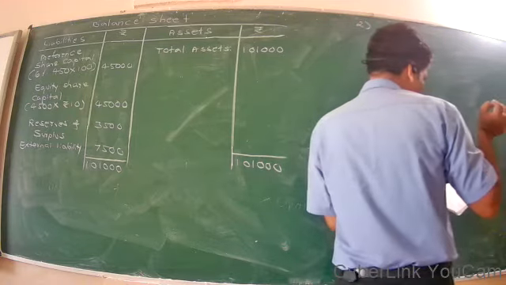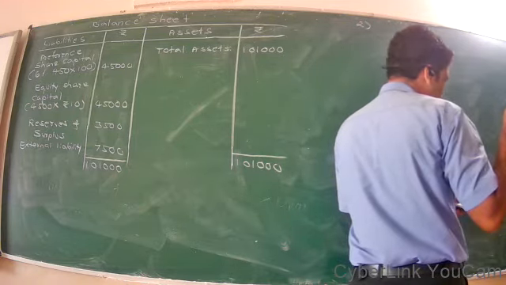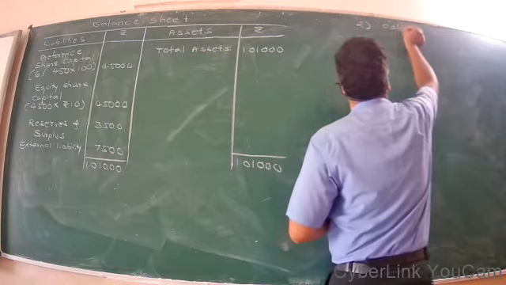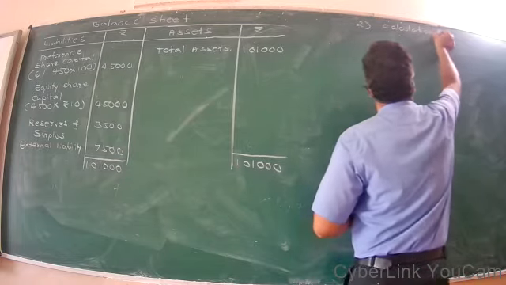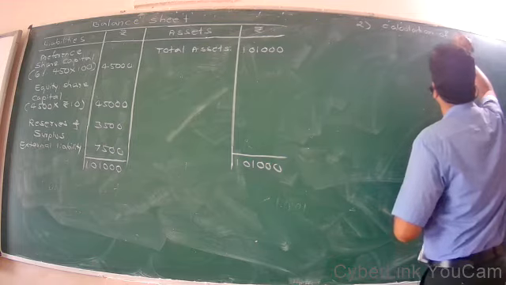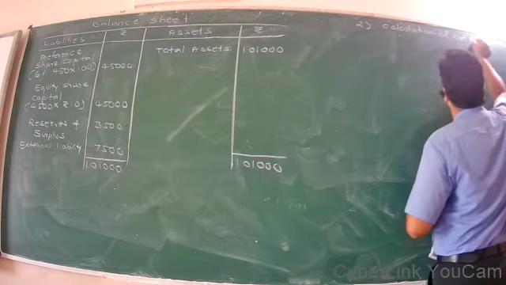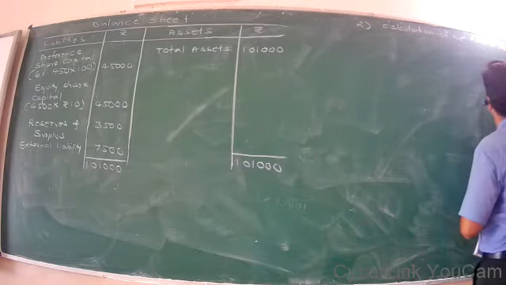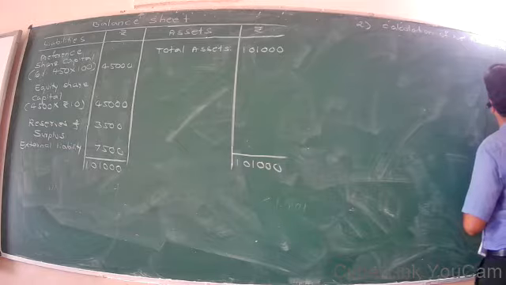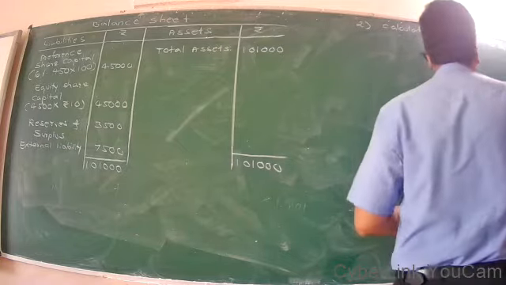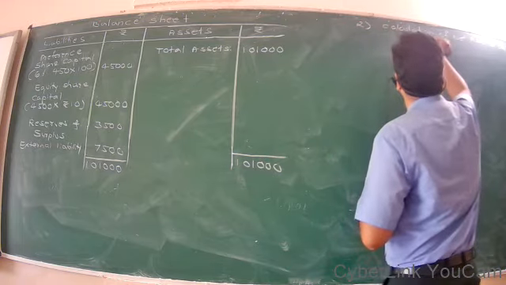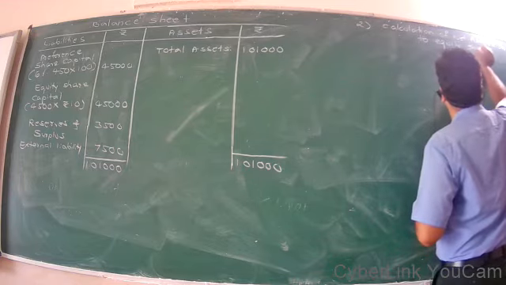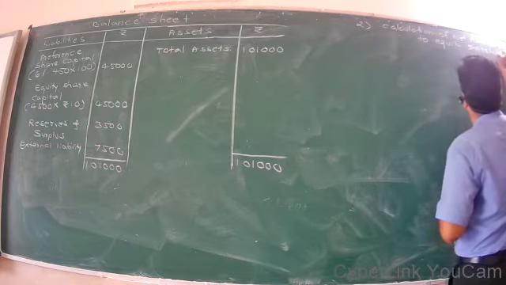The second step is the calculation of net assets available to equity shareholders.